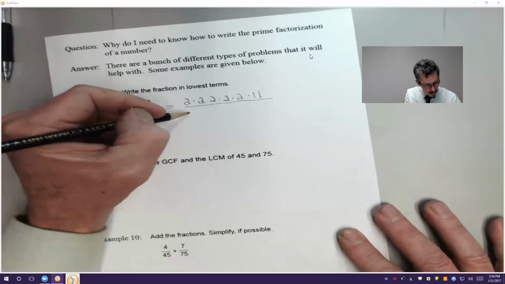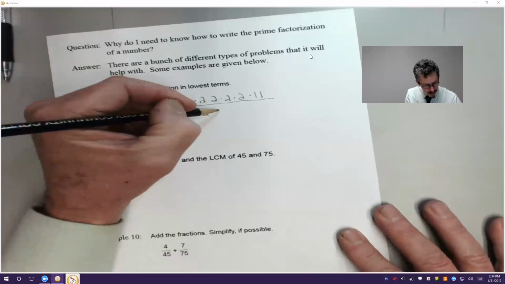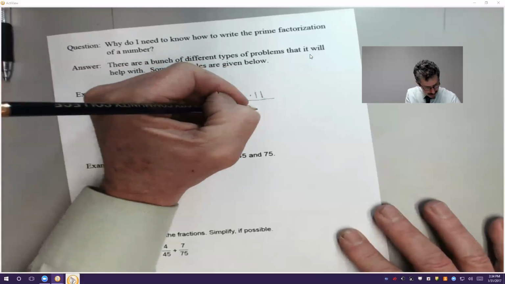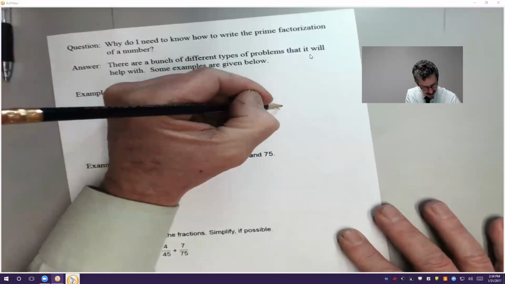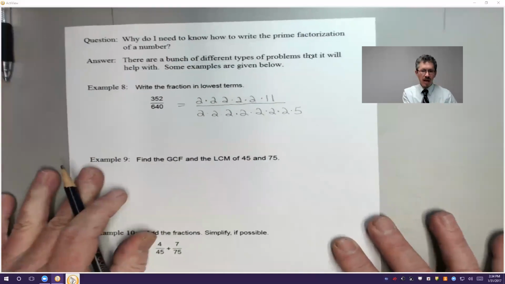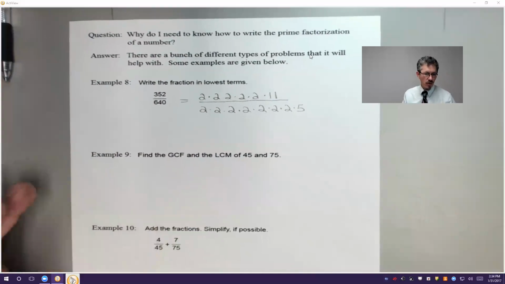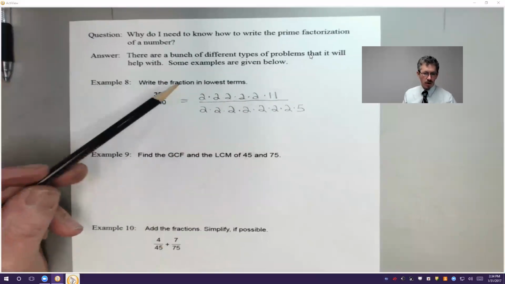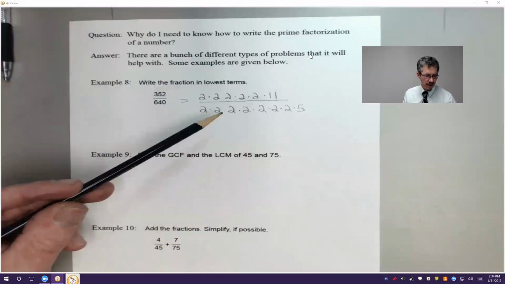It's equal to 2 times 2 times 2 times 2 times 2 times 2 times 2 times 5. Now, if you're using this method to simplify a fraction, you don't want to use exponential form. Go ahead and use expanded form like I've done here.